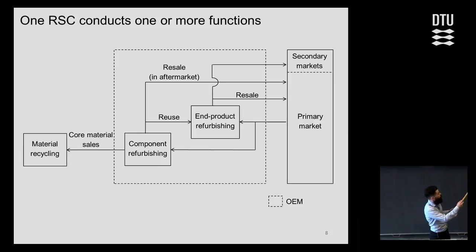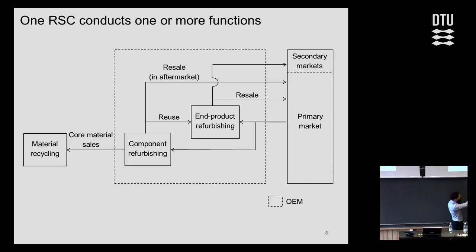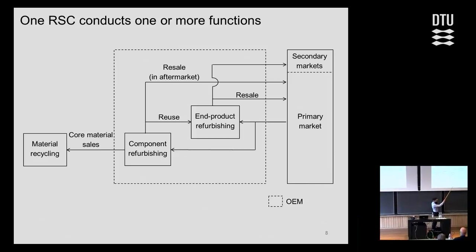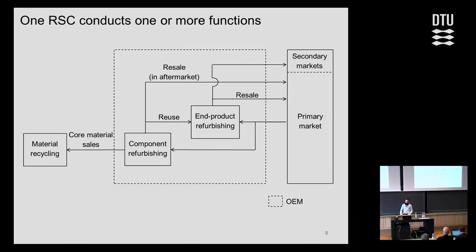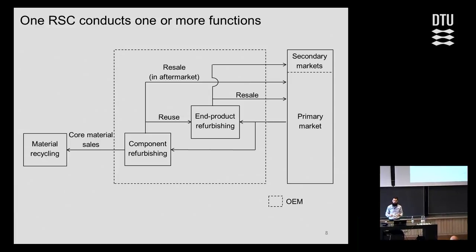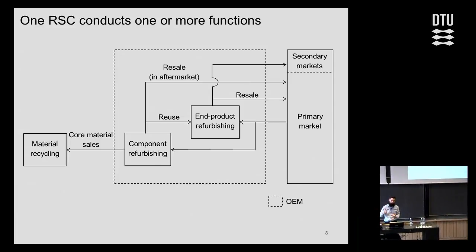To begin with, the firm reacquires products from the market. That's the arrow towards the left. And then they decide first whether they want to refurbish the whole product or whether this is not possible. That depends on the quality of the core product.